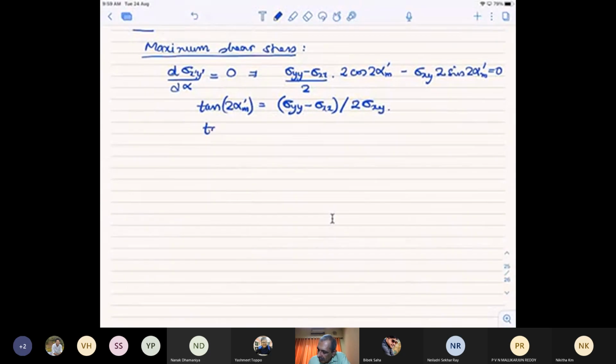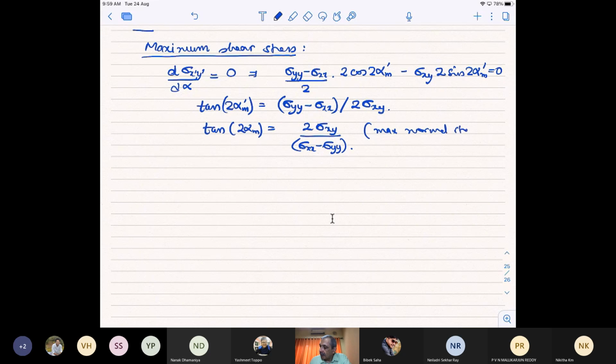Just to write that down again, for the maximum normal stress, tan of 2 alpha m is given by 2 sigma xy divided by sigma xx minus sigma yy. So this is for the maximum normal stress, and the other is for the maximum shear stress.